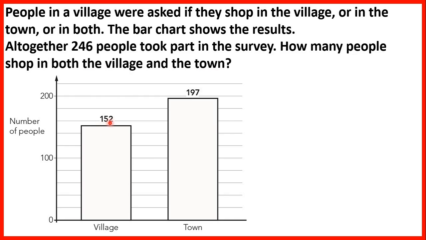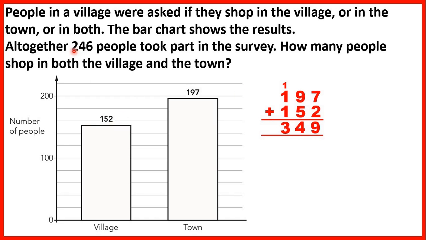So we know that 152 shop in the village and 197 in the town. But some of those will be people who shop in both. So if we add up the total number of responses, so add 197 and 152, that's 349.